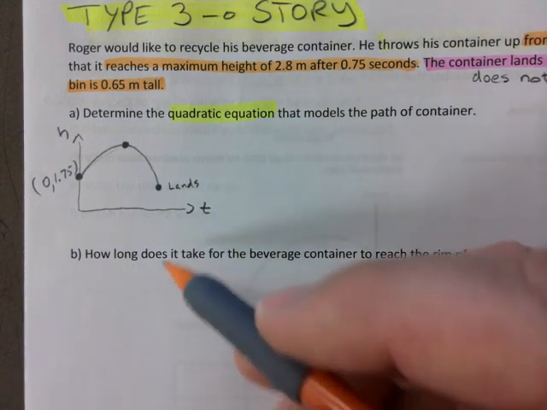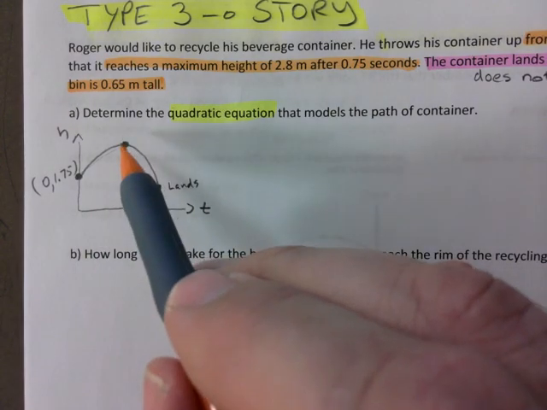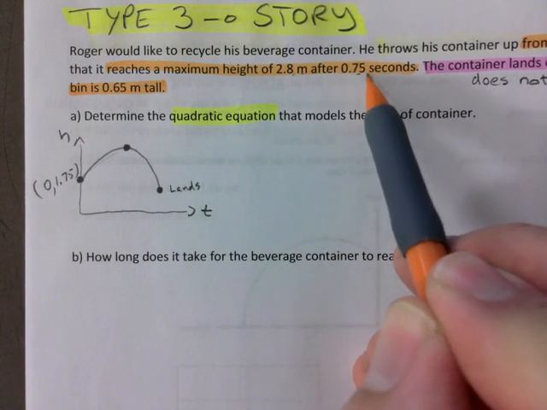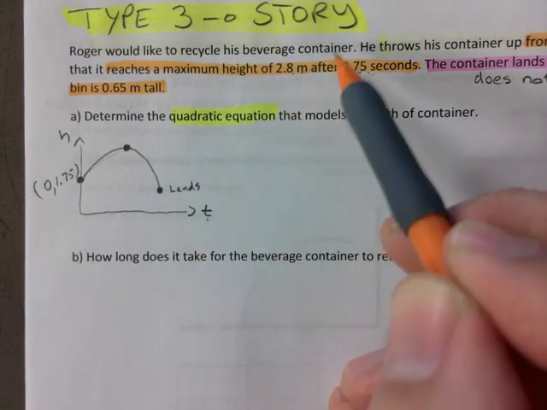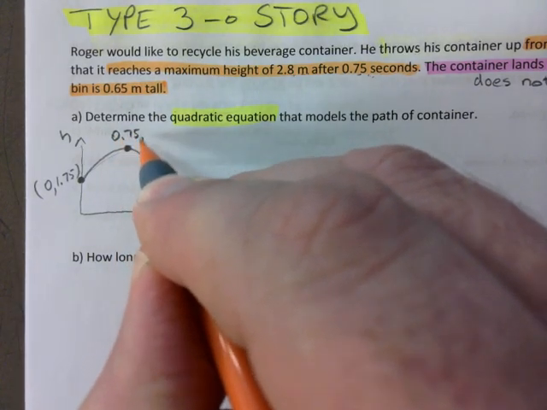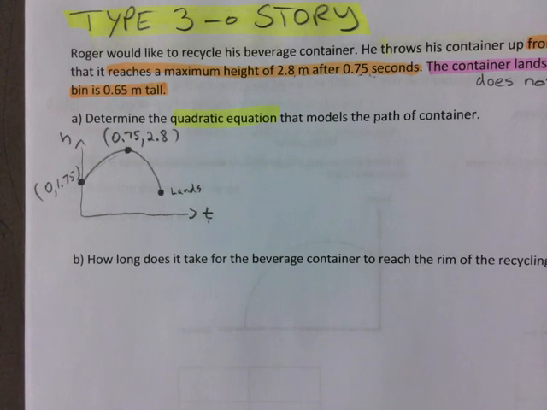Okay. We know that the vertex is 0.75 seconds and then 2.8. Make sure you don't mix these up. Okay, time first, that's your x variable, and then the height next. So we go 0.75, 2.8. Boom, that's our point. Second point.